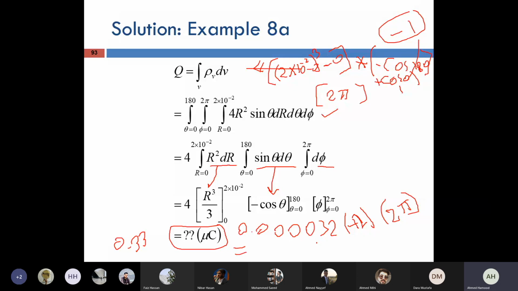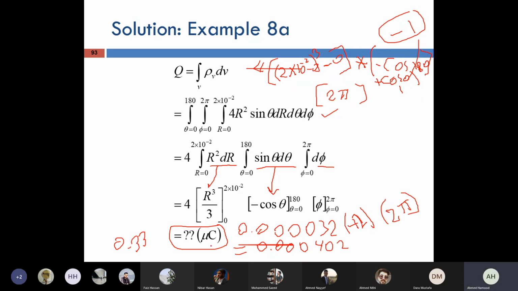Okay, so we have 0.00 multiplying by 2 pi. What did we get? 0.00042 and so on. Can you convert this to micro?